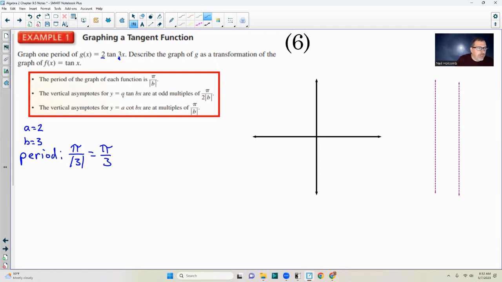All right, vertical asymptotes are the next thing you want to find. So I'm going to say VA for short. The vertical asymptotes are pi over 2 times the absolute value of b, which is pi over 2 times 3, which is 6. So the vertical asymptotes occur at pi over 6, plus or minus, obviously.